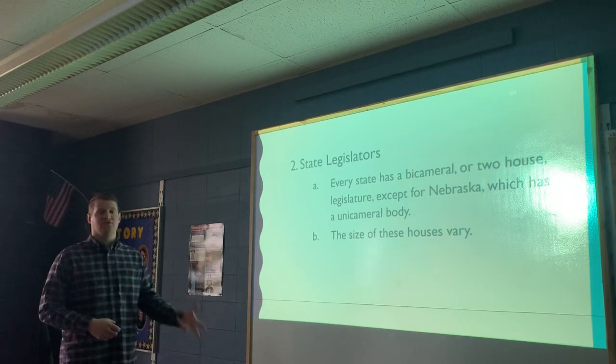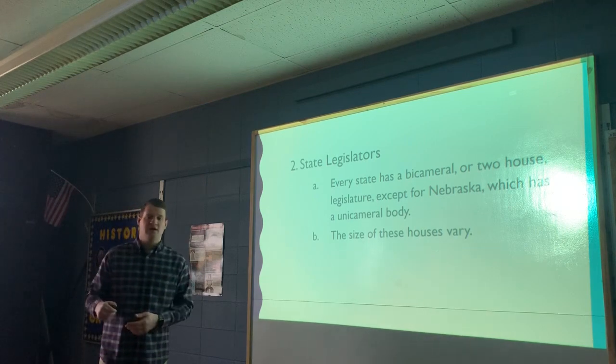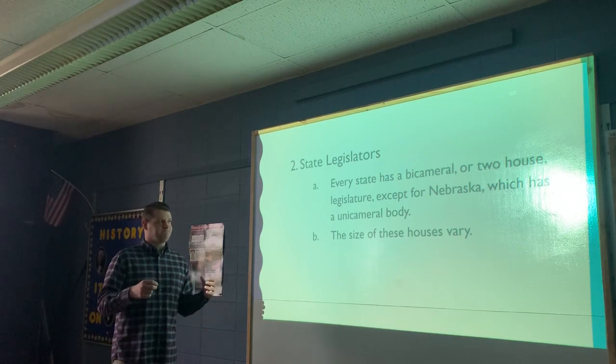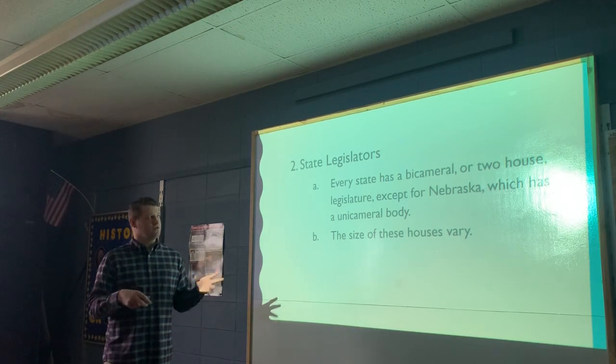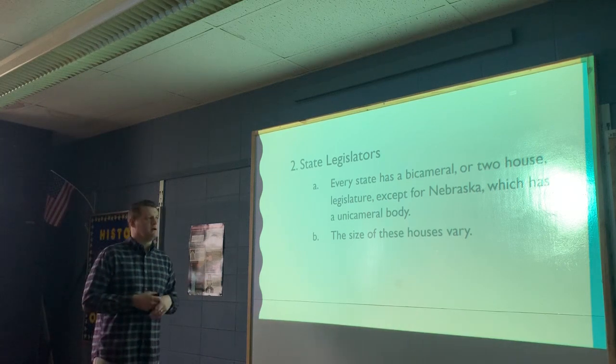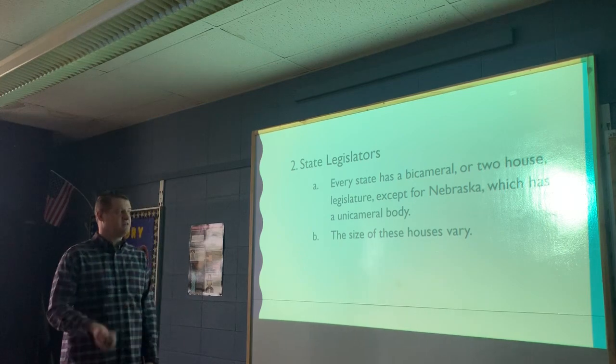The size of these houses vary, so it's not set up exactly like our national. Of course, each state sets it up a different way. Every state does have 2 houses, a bicameral legislative Congress, if you will, except for Nebraska, which only has 1. The sizes of these houses vary.